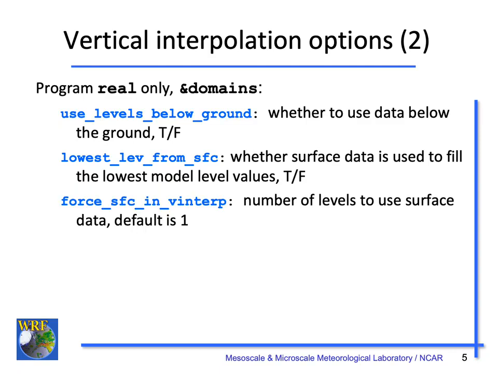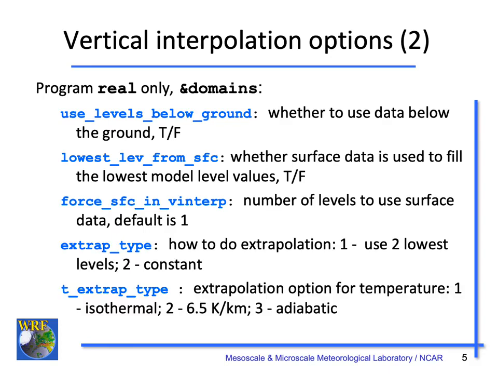We can also choose how many model levels the surface data can impact in the vertical interpolation. If we have model levels that are below the lowest level of the incoming data, we may need to choose an extrapolation method to get data reasonably onto those levels.